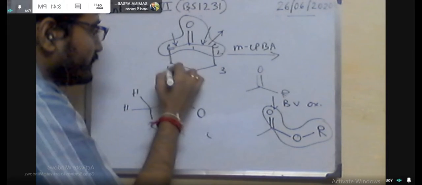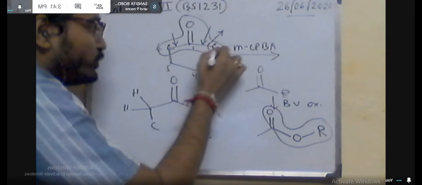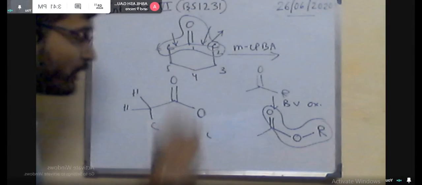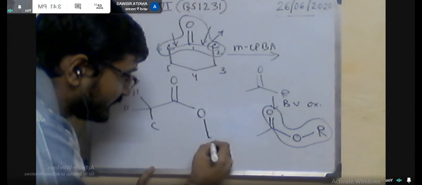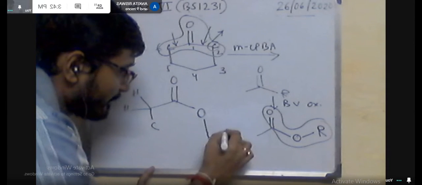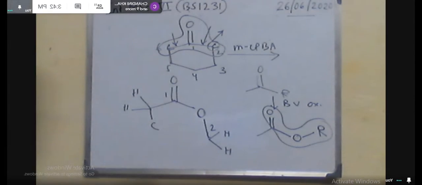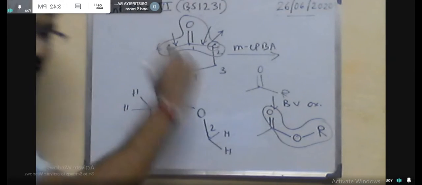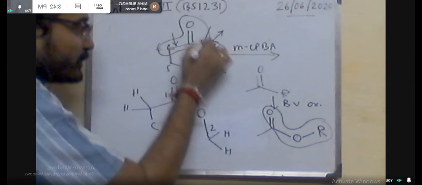So if this is the 1, 2, now this is the 3, 4, 5 and this is the 6. So as a whole you will get a 1, 2, 3, 4, 5, 6, 7 membered ring, and this is the cyclic ester, and you know the cyclic ester is generally named as the lactone. Okay.